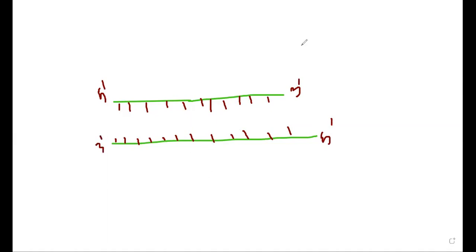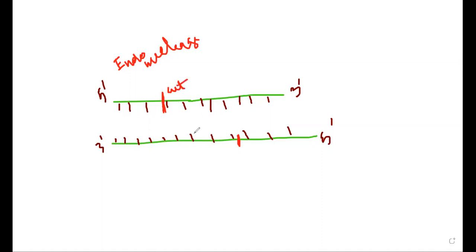So the endonuclease enzyme, the restriction endonuclease, what will it do? It identifies the particular palindromic place and makes a cut here. Here they made a cut.